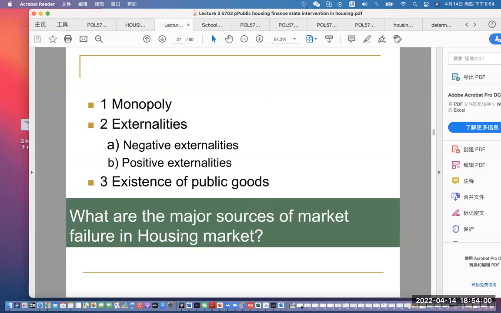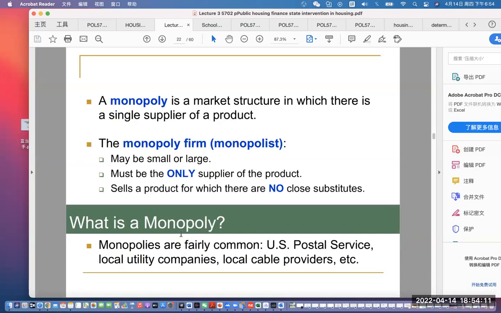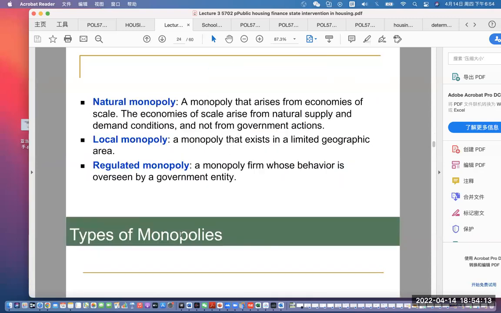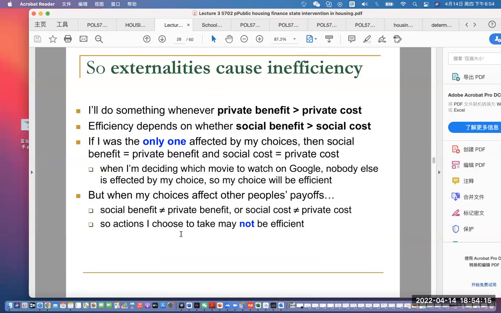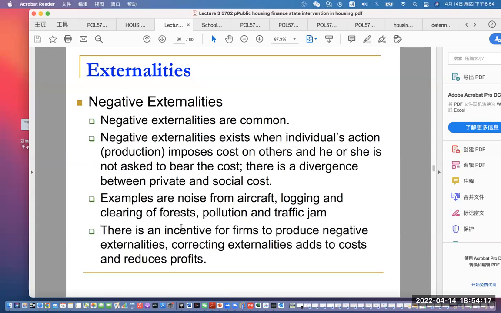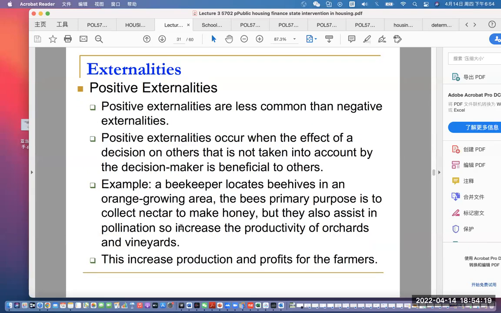And the major sources of market failure are negative and positive externalities, and these are important. These two externalities are important because we have introduced quite a lot of externality cases, right? What is efficiency? What are externalities?